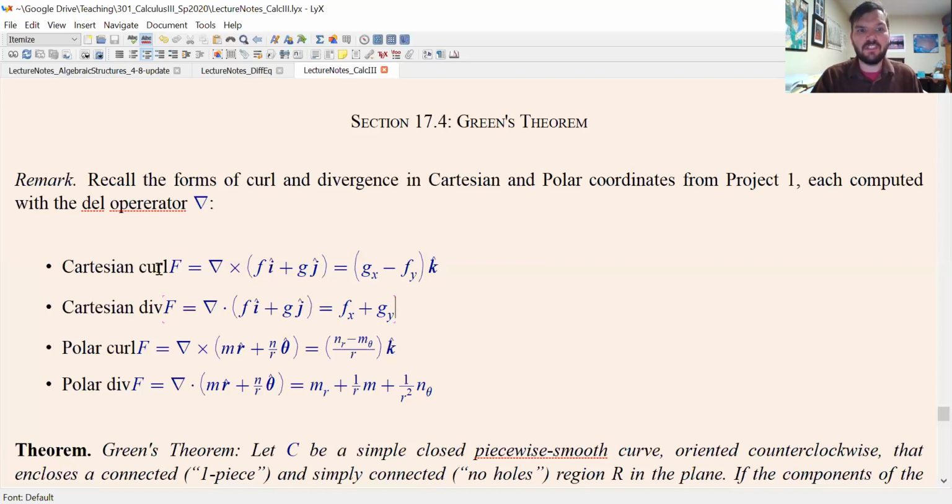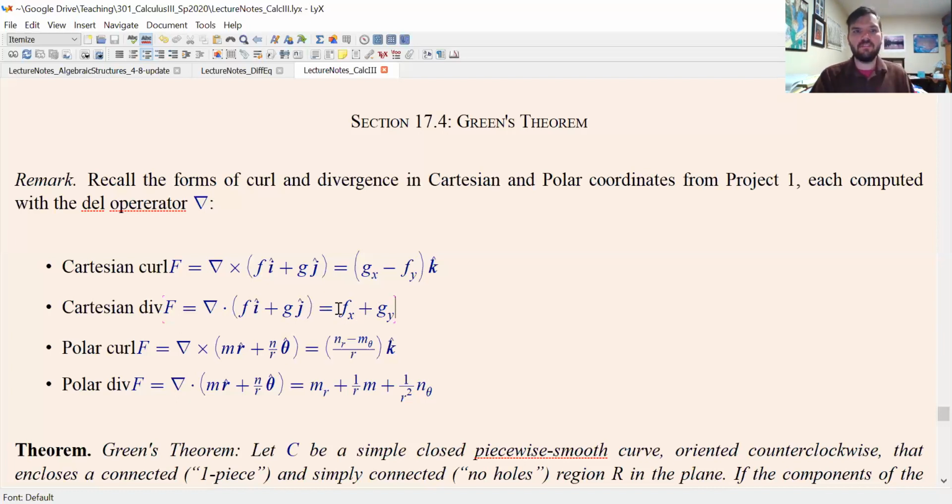The divergence of a field is the dot product with nabla, the del operator, instead of the cross product. The dot product gives us f sub x plus g sub y.